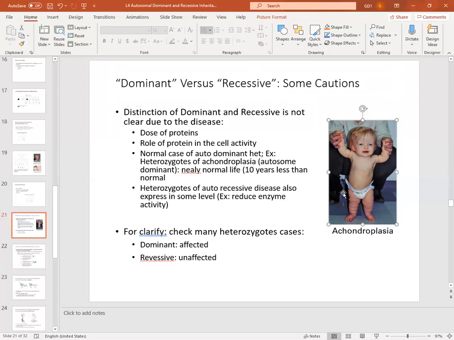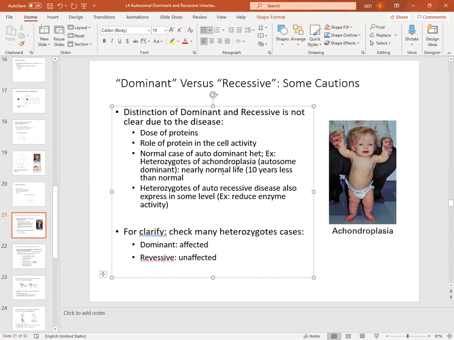Her body looks not mature because she has short limbs and short height, but she has a nearly normal life, maybe just a few years less than normal. As a dominant heterozygote, she does not express too much in her lifetime. She can live healthy, right?